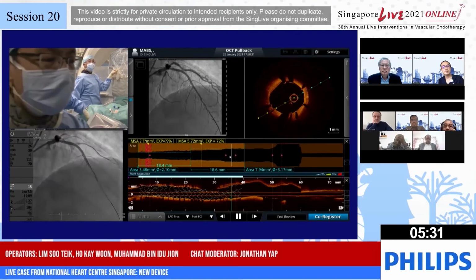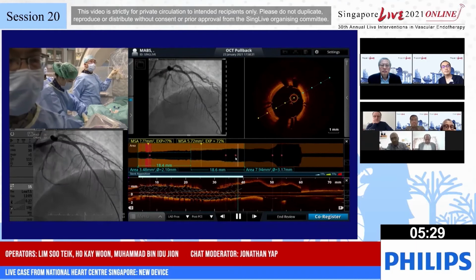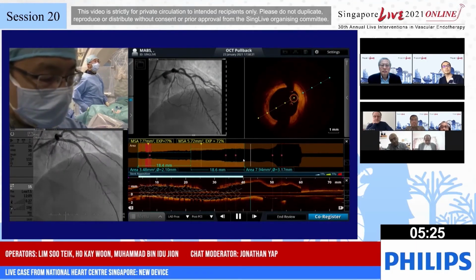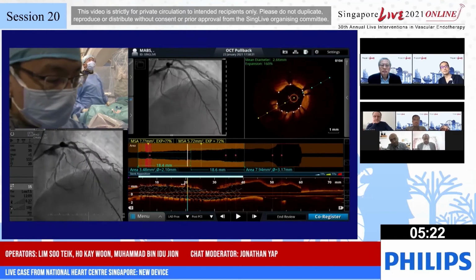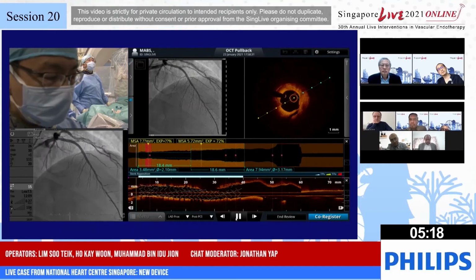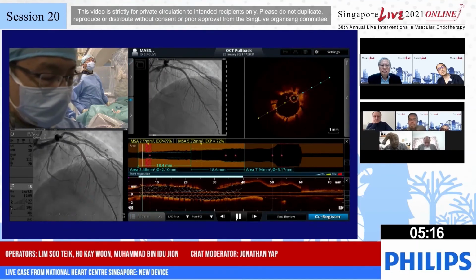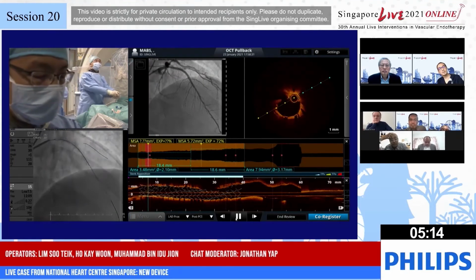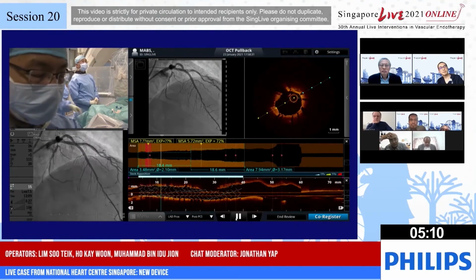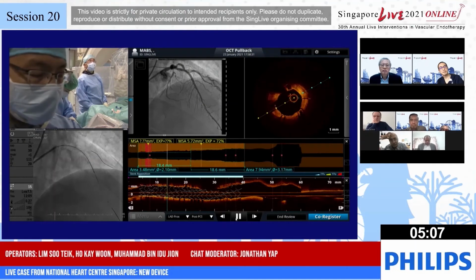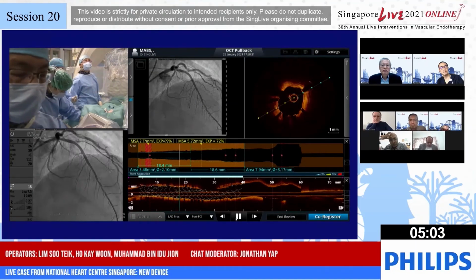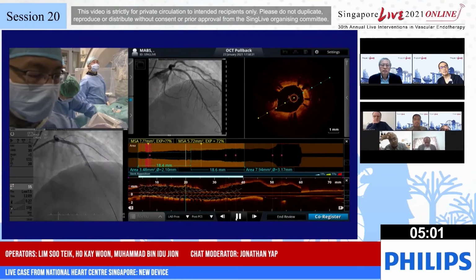Yeah, so can you all hear me? This is the final post-procedure pullback, showing that the stent is well apposed. Just going from distal, looking for any signs of edge dissection, which is quite pertinent because the whole area is diffusely diseased. Don't see any signs of dissection here. Stent is well apposed, and we have the apposition indicator as well to show there are no signs of malapposition here.